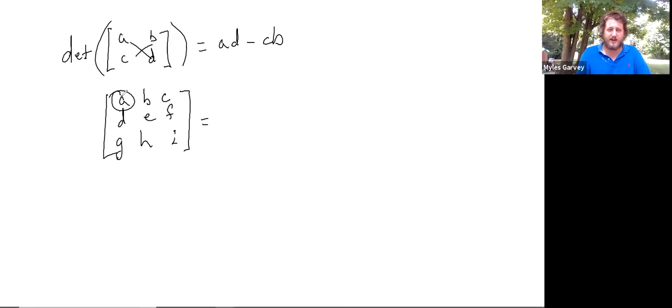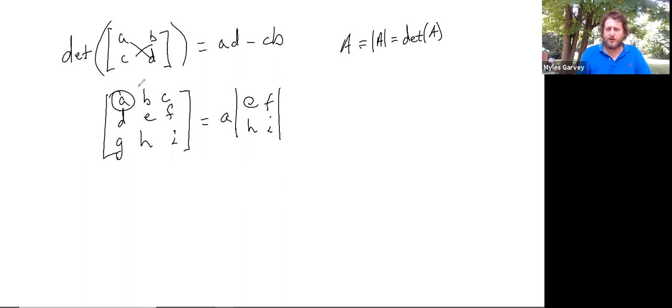So here we have A, so we remove this and this, and we're left with A times the determinant of the matrix E, F, H, I. This means take the determinant of. Another way of writing this, if I have a matrix A, is the determinant of A.